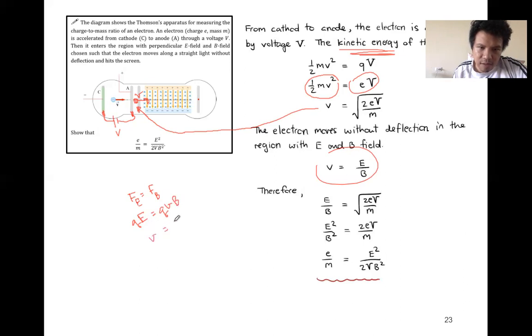From this we can derive v equals E over B. Then we use the speed that we get from the first part. After that we derive the ratio between e and m, and from here we can calculate the ratio of charge per mass of an electron by measuring the electric field, the magnetic field, and the accelerating voltage.